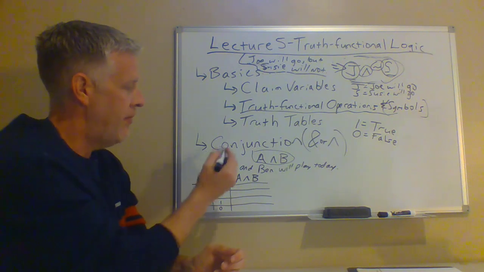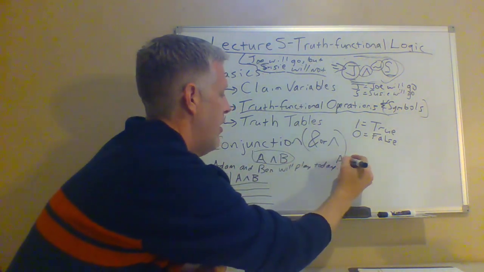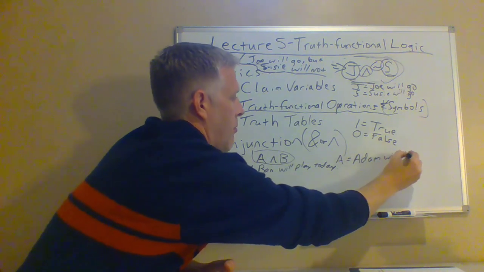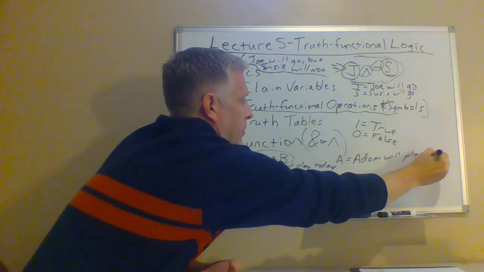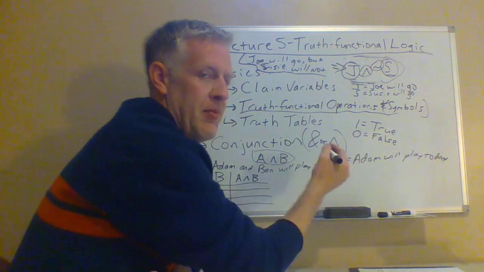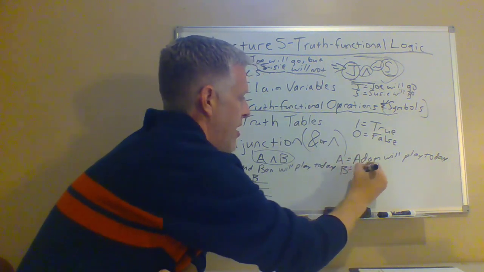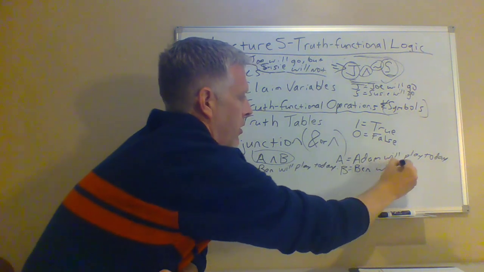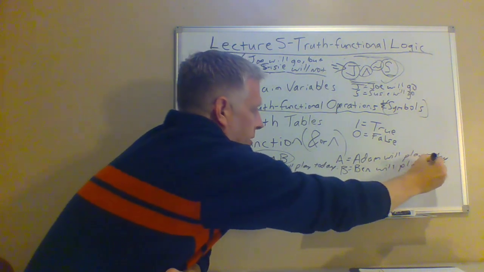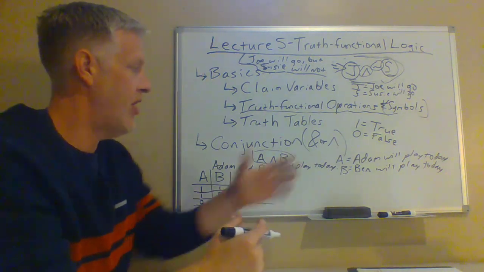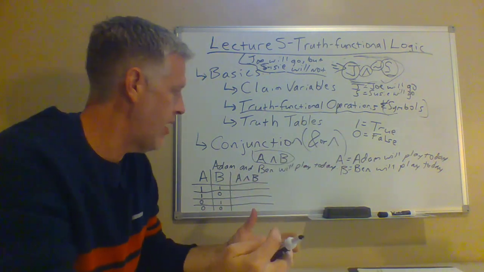So I should write this as a key. A means Adam will play today. So big, this board is so big I can't even reach the other end. And B is Ben will play today. Right? And this person is suggesting both are the case, right?